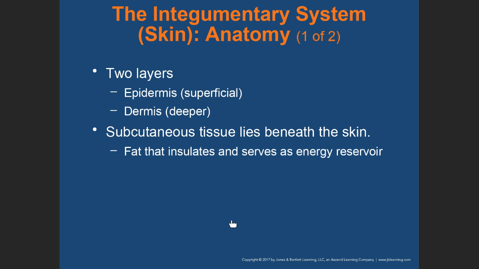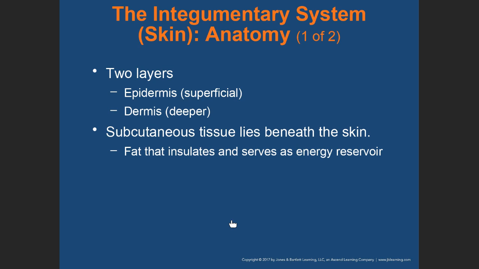There's a lot of fat present for insulation, and it's a source of energy as well if the body is getting desperate. The dermis is where we will find most of the blood vessels and nerve endings for the skin. And the skin has multiple functions.